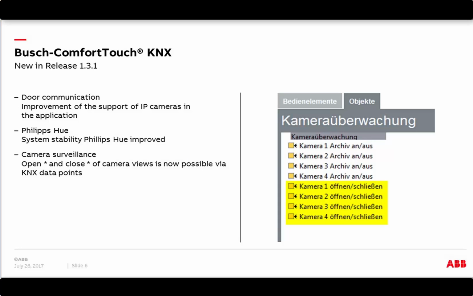And at least we have some stability and support improvements for door communication regarding the support of IP cameras, or stability improvements regarding Philips Hue integration and control. And on KNX side, we have included communication object in the application camera surveillance, which allows you to open and close the separate cameras over a 1-bit object.